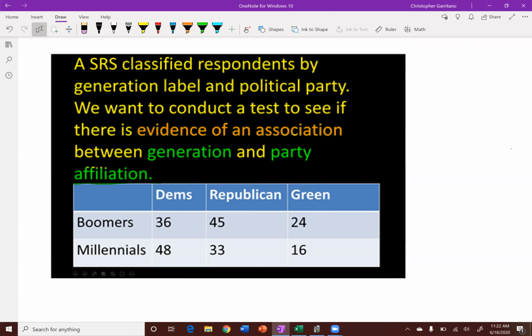All right. Another way to differentiate between chi-squared test of independence and chi-squared test of homogeneity is how the sample is being collected. So look how the sample is being collected here.